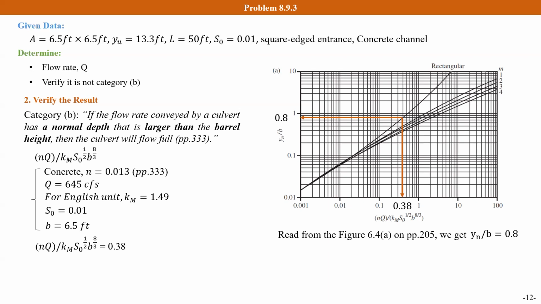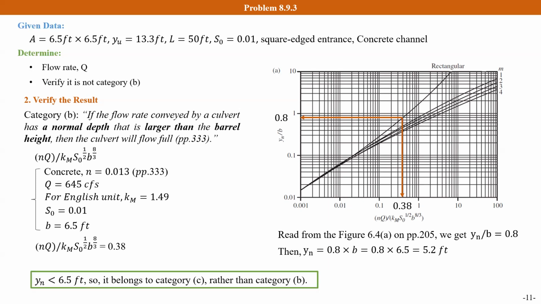Then we can read the value of yn over b, which equals 0.8. So the normal depth equals 5.2 feet. Because this value is smaller than the barrel height, which is 6.5 feet, we know that this scenario belongs to category C rather than category B.